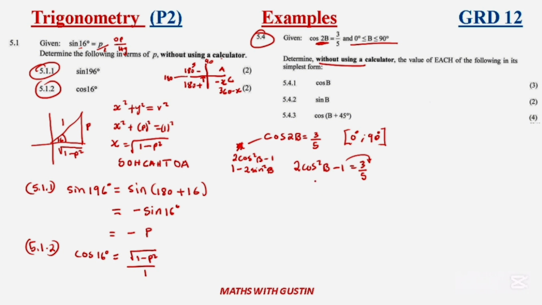Then we're left with 2 cos squared beta is equal to 3 over 5 plus 1. What else can I do here? I can also divide by 2 in this case.